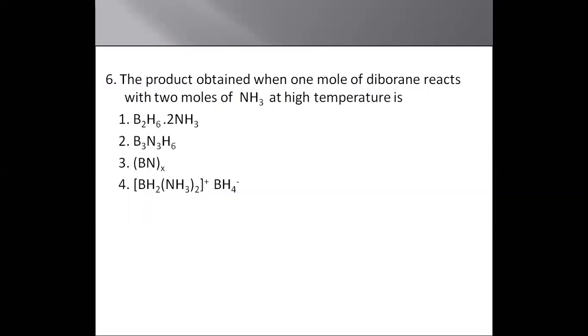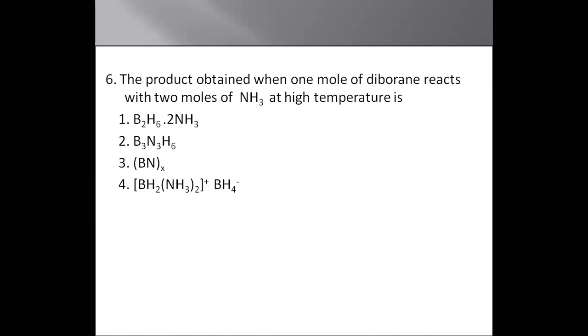Now the next question: the product obtained when 1 mole of diborane reacts with 2 moles of ammonia at high temperature is. We already know that whenever diborane reacts with ammonia or any compound, it will usually form an adduct.